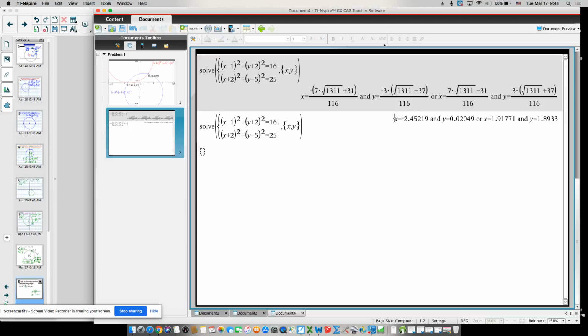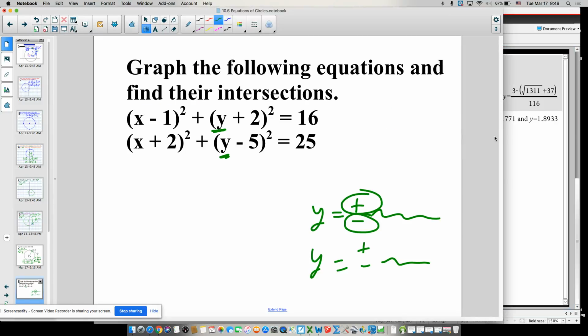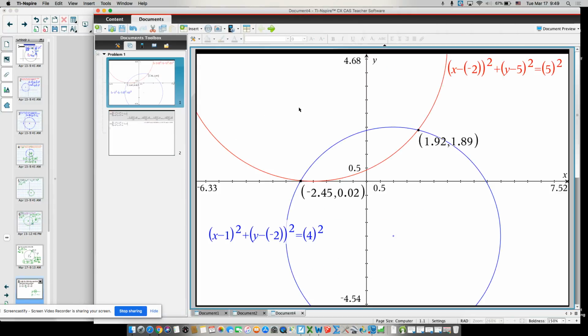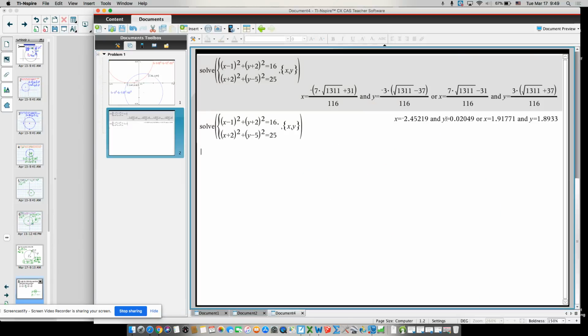Now you'll see I get two pairs. I have an x, y pair here, negative 2.45 and 0.02. Well, isn't that this one right here? Oh yeah, negative 2.45 and 0.02 right there. And then I will get another set right here. You can see it says or.